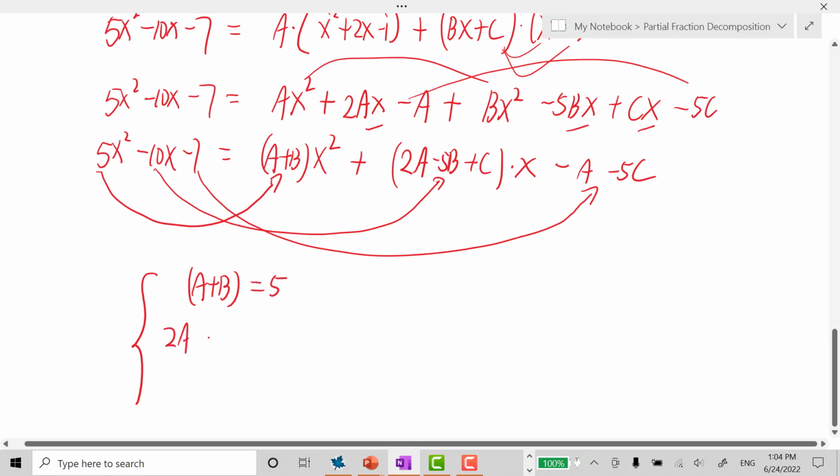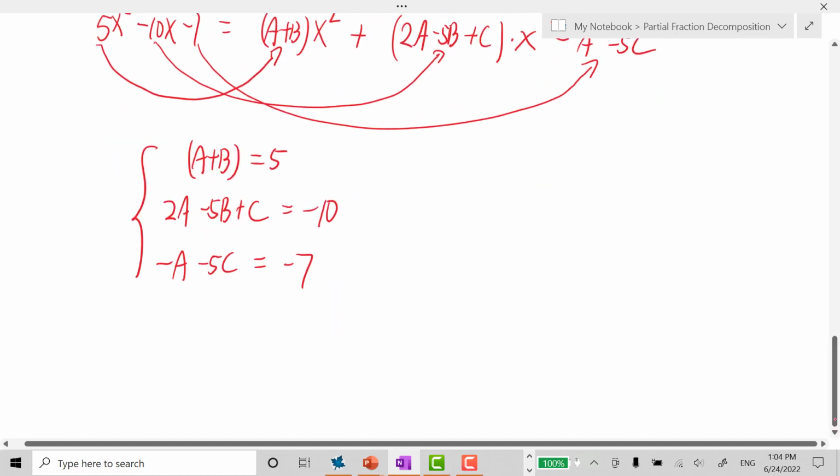Coefficient for the linear term must be the same. And coefficient for the constant must be the same. So it's minus a, minus 5c, that's equal to -7. Now in this case, we can solve for a, b, and c, right?